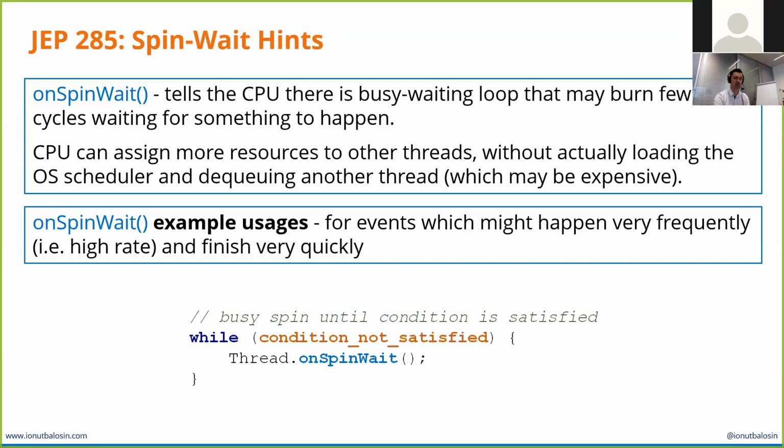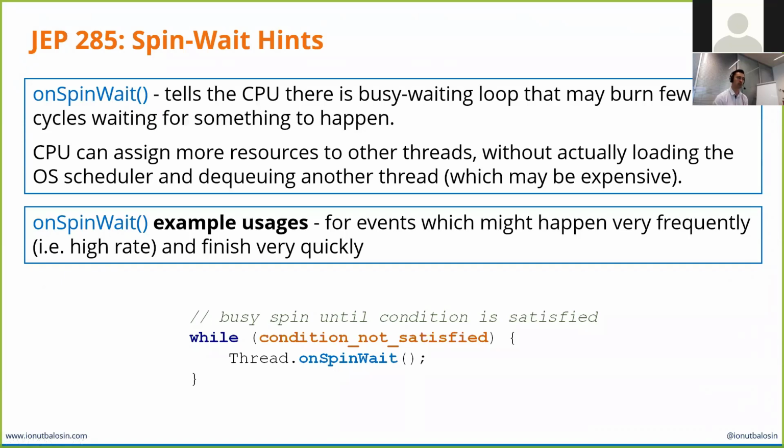So onSpinWait is suitable for situations where you have, for example, a shared memory variable, you inspect it and you listen for events that might happen very frequently, but also finish very quickly. The advantage of using onSpinWait is that you don't actually release the CPU, you actually delay the execution of those instructions on the CPU.